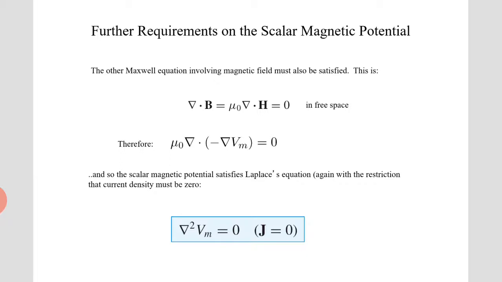So the scalar magnetic potential satisfies the Laplace equation, del square Vm is equal to 0, again with the restriction that the current density must be 0. These are the further requirements of the scalar magnetic potential.